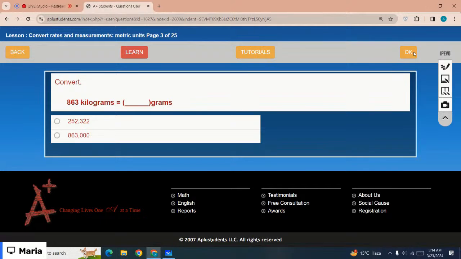863 kilograms equal how many grams? The correct option is 863 kilograms equal 863 thousands grams, right?